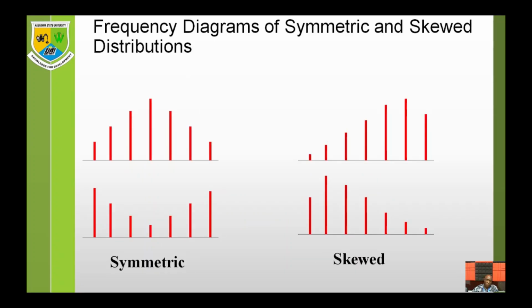Figure 2 is showing four different types of distribution. Figure 2a is a symmetrical distribution, but it is not joined by a line, it is represented by bars.